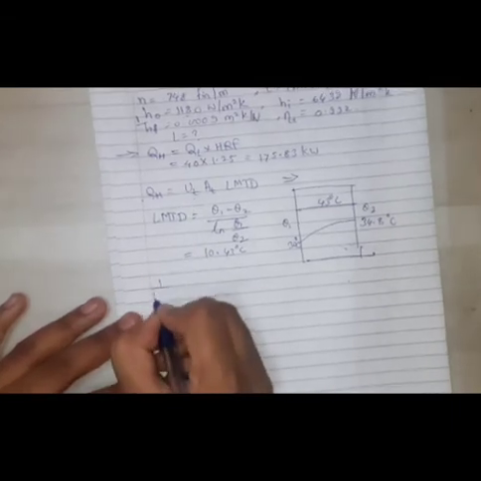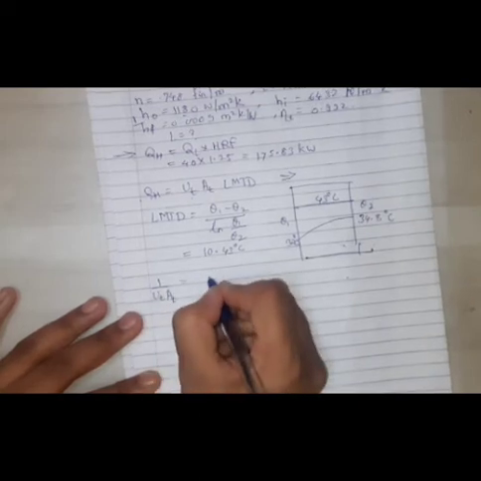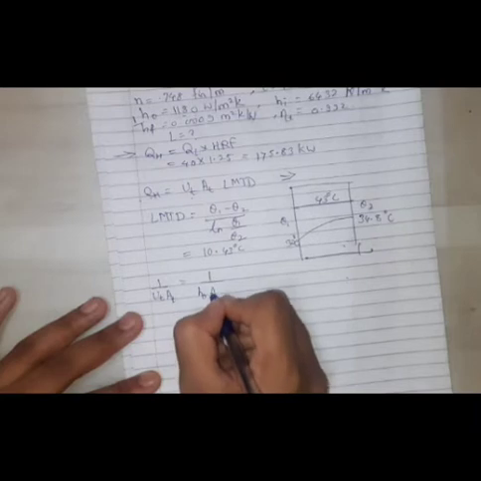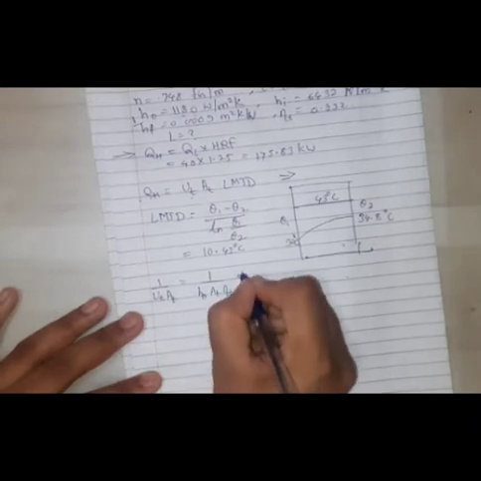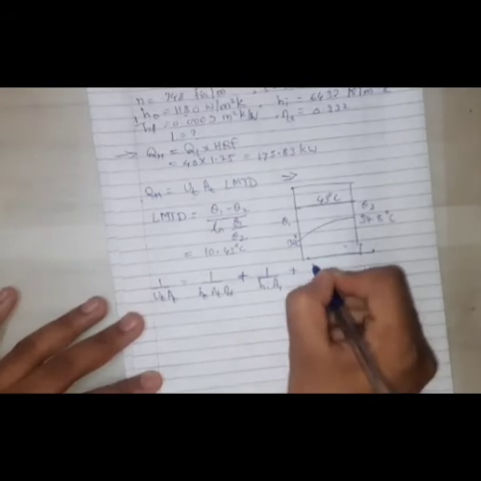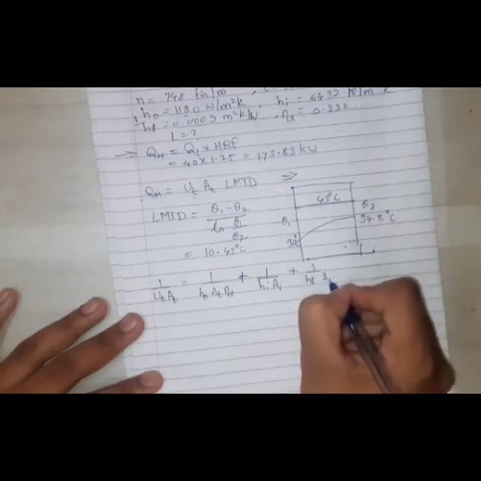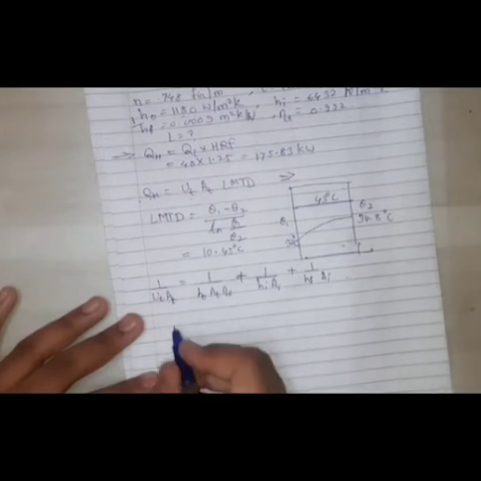So 1 upon UT into AT is equal to 1 upon HO AT into eta T plus 1 upon HI into AI plus fouling factor into AI, because it is for the inside area. Now let's transfer this AT to the other side.